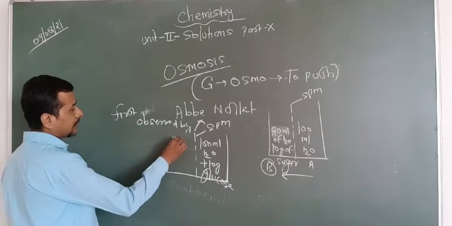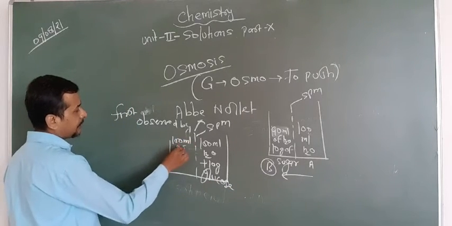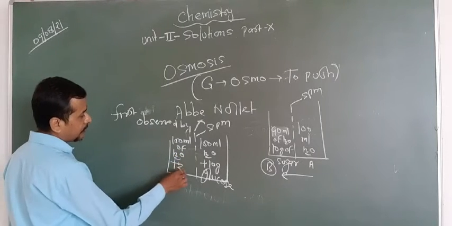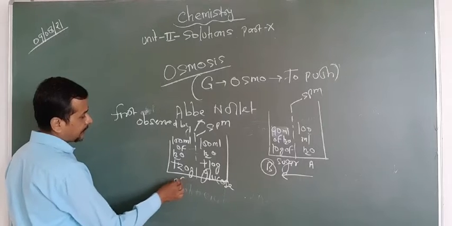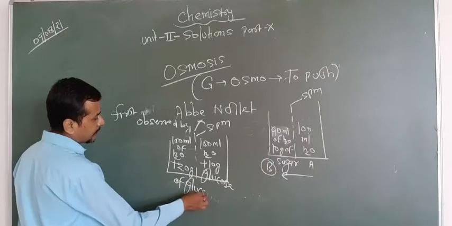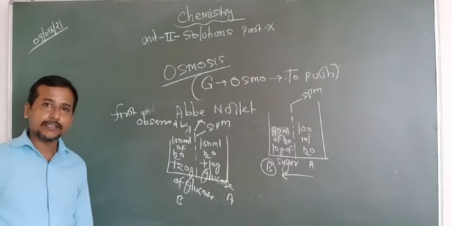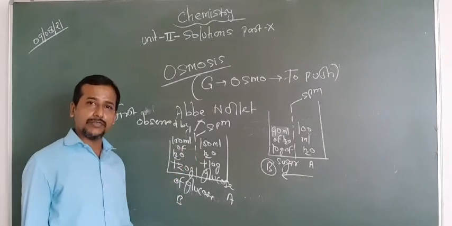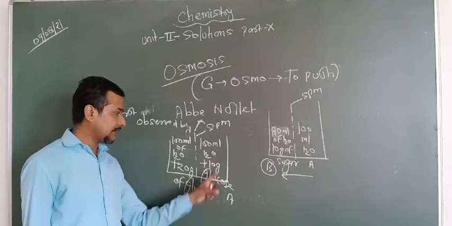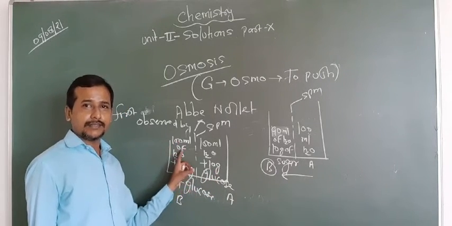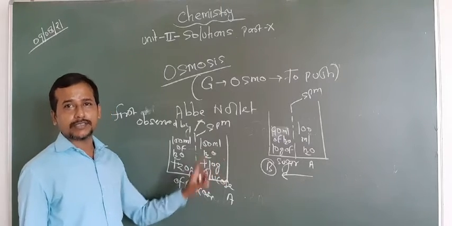Here we have taken 100 ml of water plus 20 gram of glucose. This is container A, this is container B. Both are now in the form of solution, but look at the condition: 10 gram solute, 20 gram solute. So this is the lower concentration of solution and this is the higher concentration of solution.